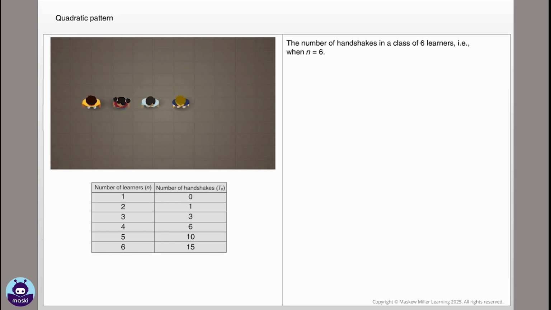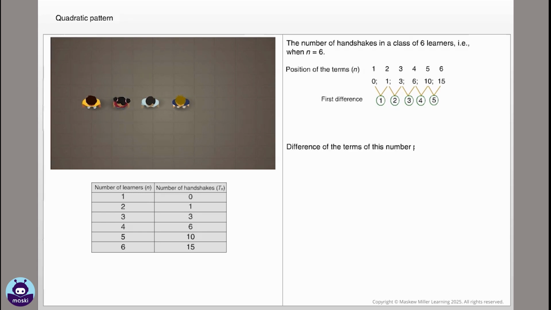The pattern for the number of handshakes when the number of learners increases from 1 to 6 is shown here. We can see that the difference of the terms of this number pattern is not constant. In fact, it is actually forming yet another pattern. We call this the first difference. The first differences form a linear pattern.